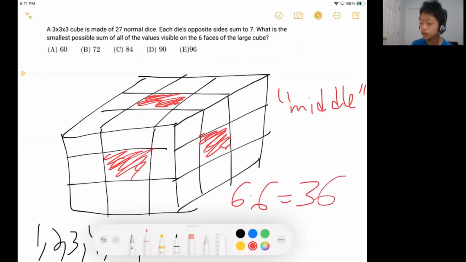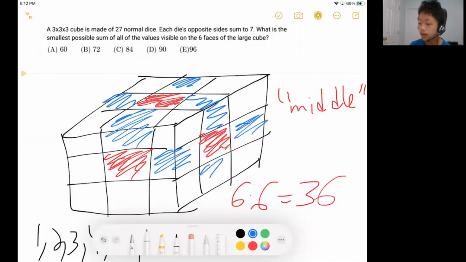And now we can consider these blue cubes, the cubes that are shared between two faces along an edge. We can group those as a group too. Notice that there are going to be 12 of these blue cubes, right?